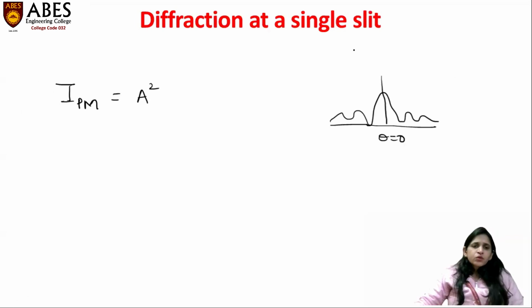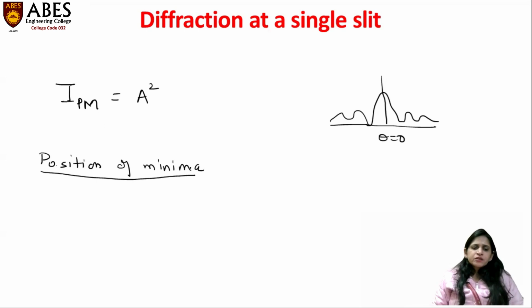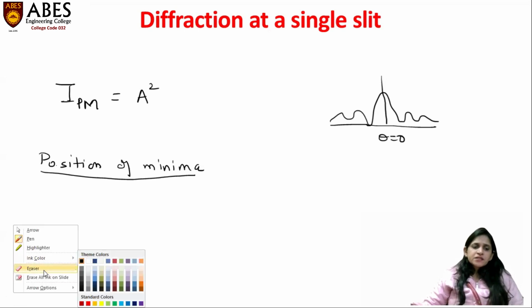So we discussed the position of principal maxima. Now let us talk about the position of minima. Intensity is minimum over here. What does intensity minimum mean? It is the dip that we are talking about in the I versus theta graph.